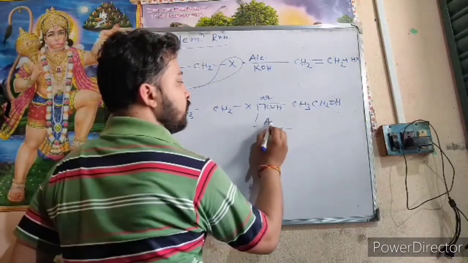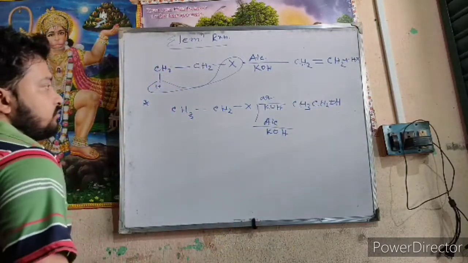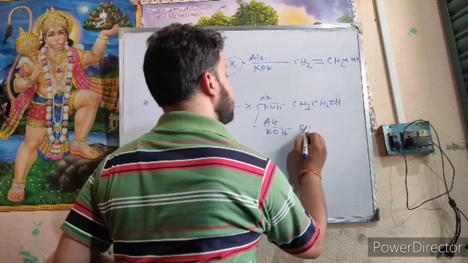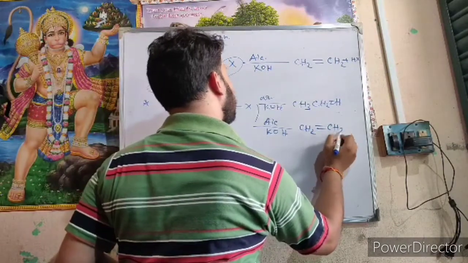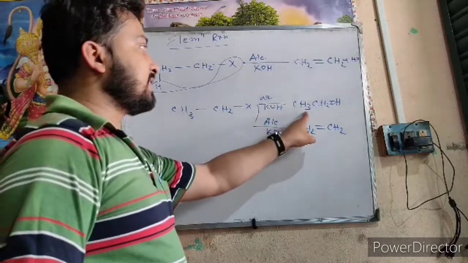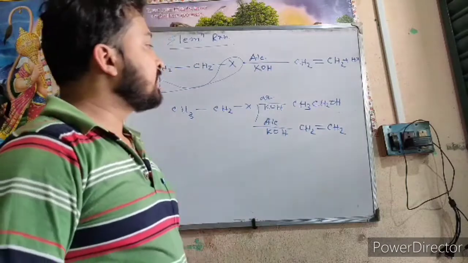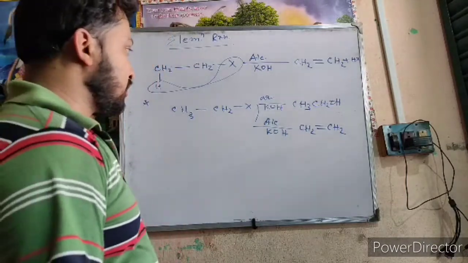If you use alcoholic KOH or ethanolic KOH, then it forms CH2=CH2. For aqueous KOH, the reaction is substitution reaction. For alcoholic KOH, the reaction is elimination reaction.